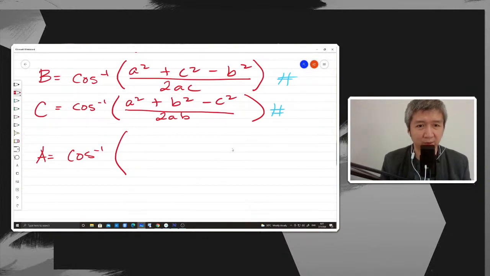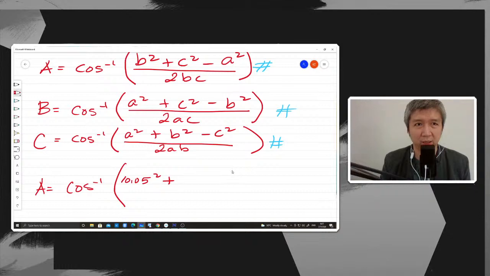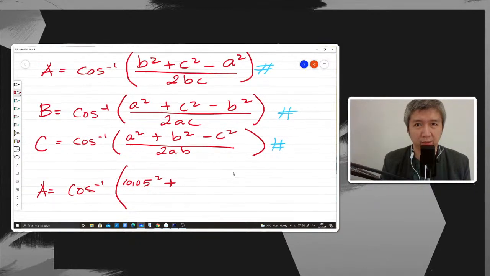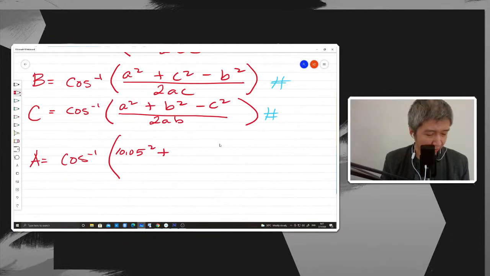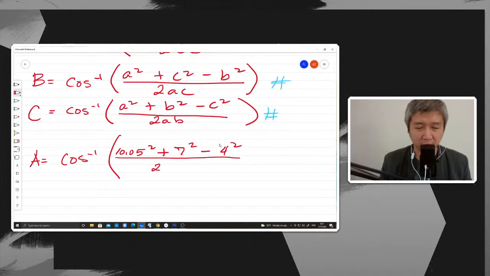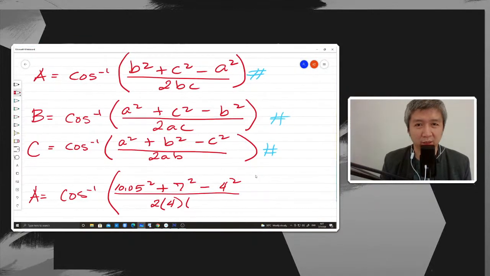So 10.05 squared plus, what's the next one? c squared, c is 7, minus a squared, which is 4, all over 2 times... Oh no, sorry, 2bc.